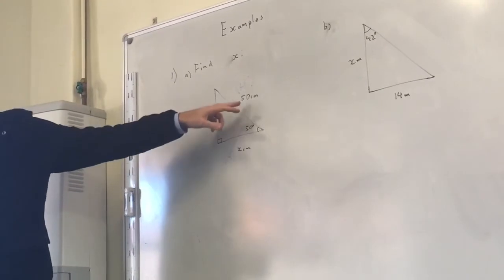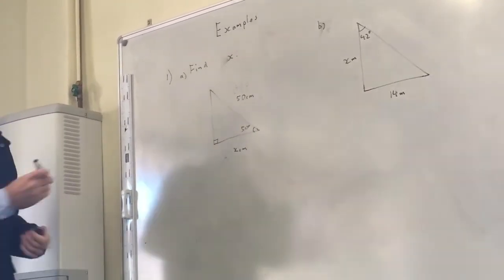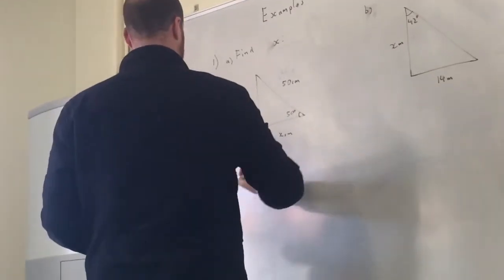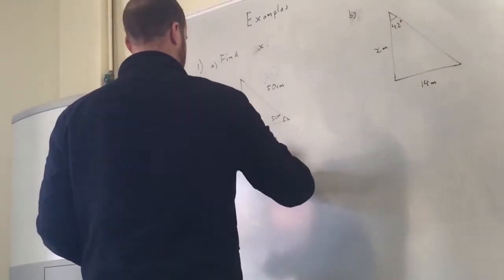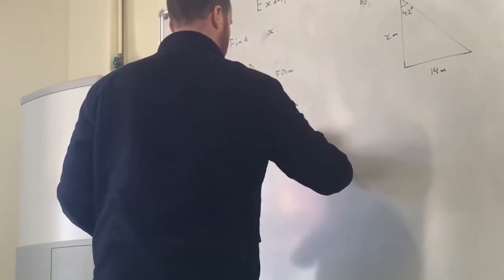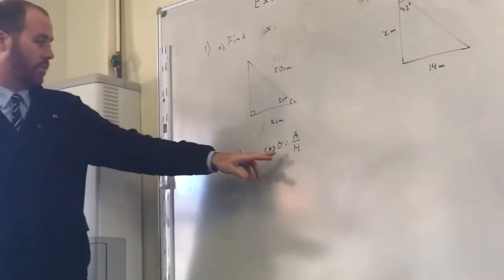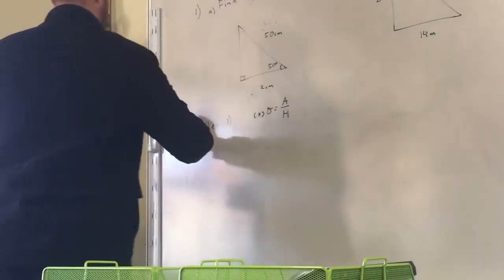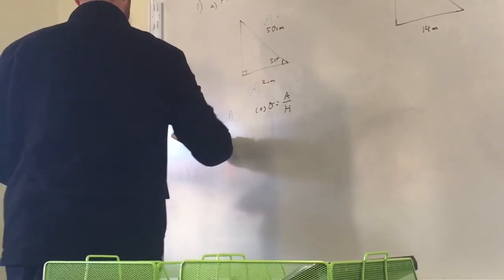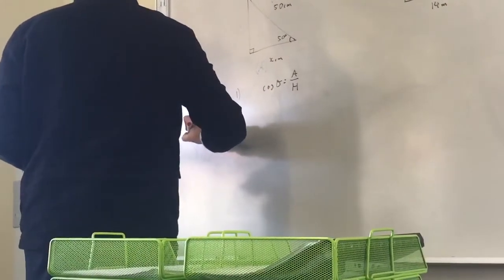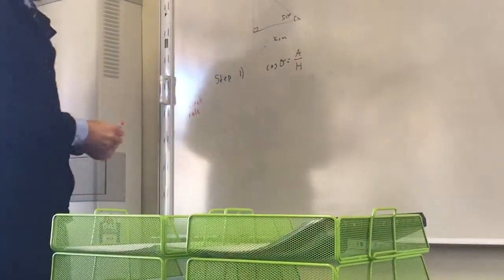If that's the adjacent, we'd be using cos, wouldn't we? So step one would be to select the rule. So this one would be cos theta equals a over h. The ratio we're interested in here is this ratio here. So step 1 is label and select rule. So then that's cos 50 equals x over. So that's step 1.